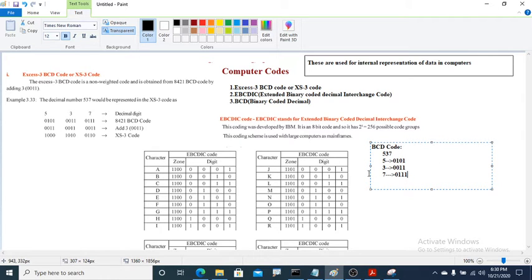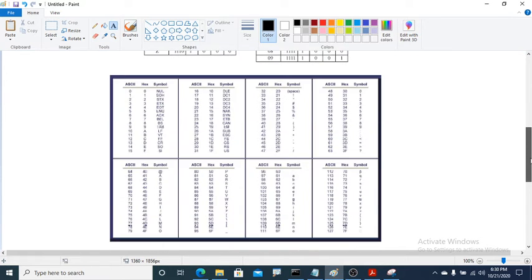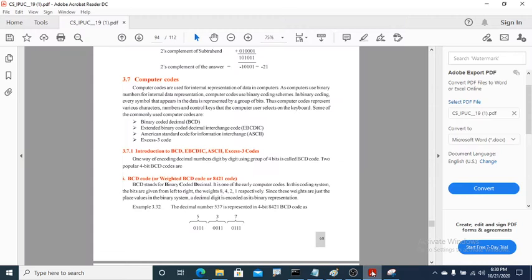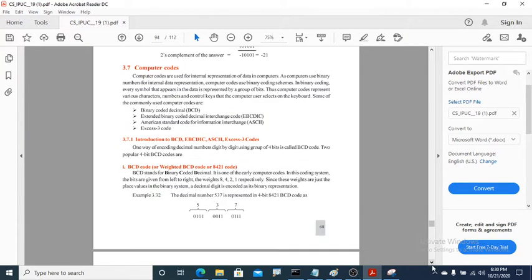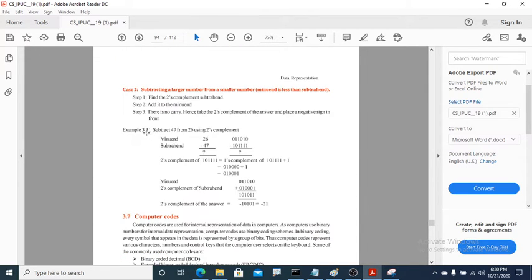Let us take a chart here. This is a BCD code representation.